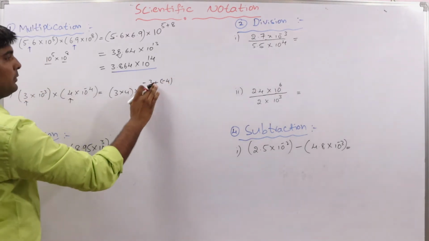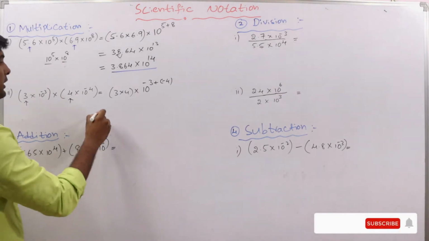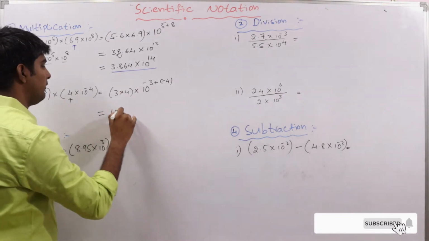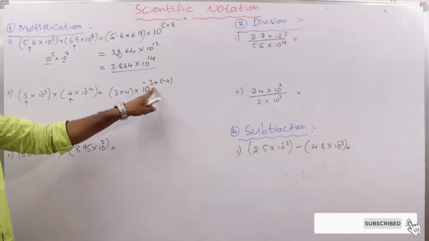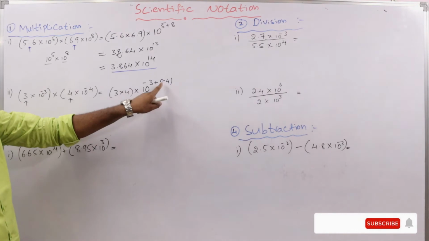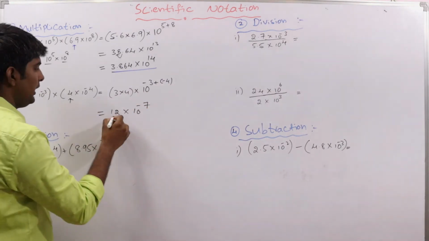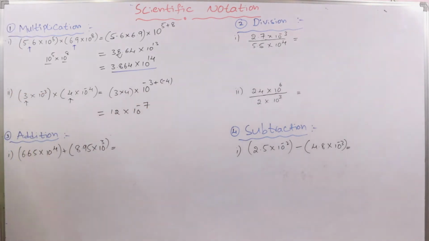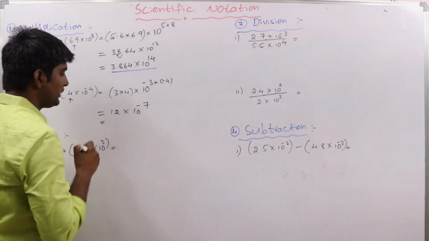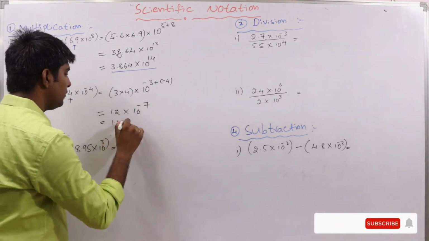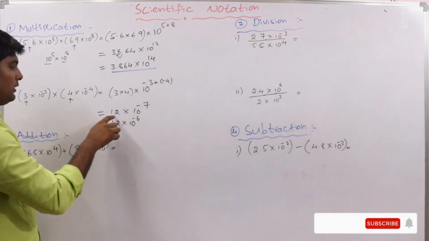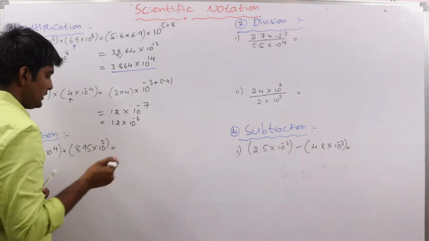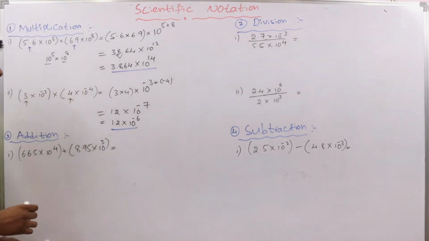Here 3 into 4 is 12, into 10 power minus 7, since minus 3 minus 4 gives minus 7. Again, this is not in scientific notation. Written in scientific notation, it is 1.2 into 10 power minus 6.